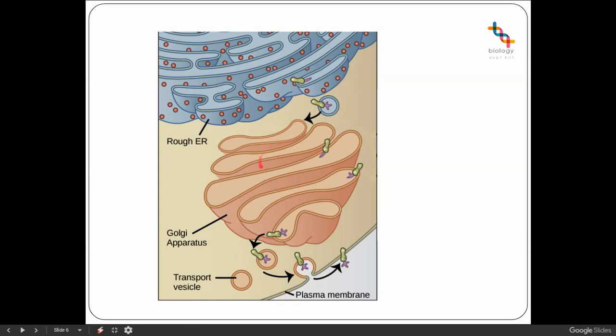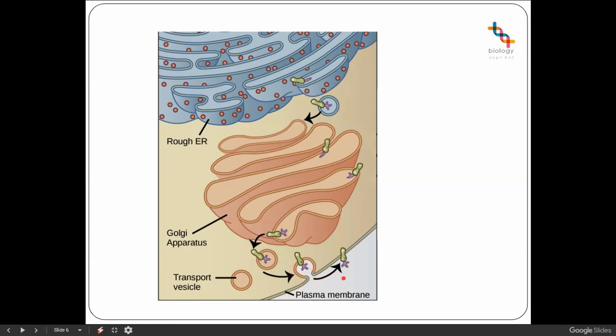Now that still might require some addition of some carbohydrate molecules, some post-translational modifications as it goes through. When it gets to the end, it is packaged into our vesicle, and in this case it's a transport vesicle that is going to take it to the plasma membrane. They're going to fuse with the plasma membrane, and it's going to release that protein out into the rest of the organism, depending on what type of cell this is.